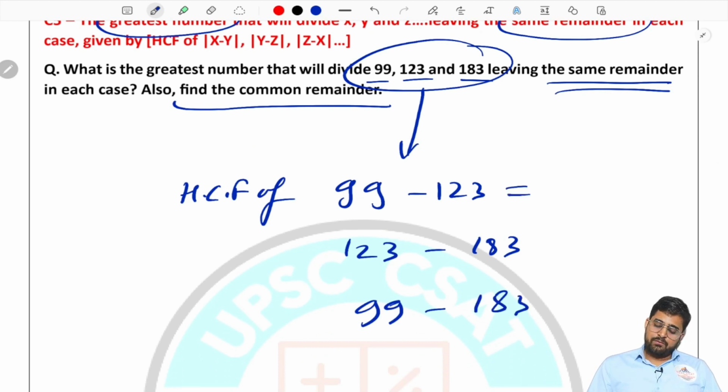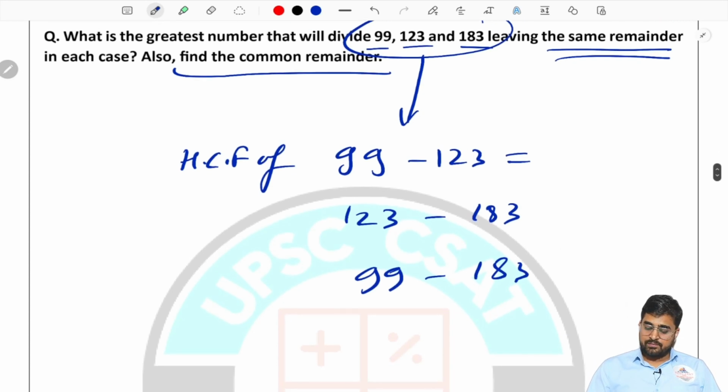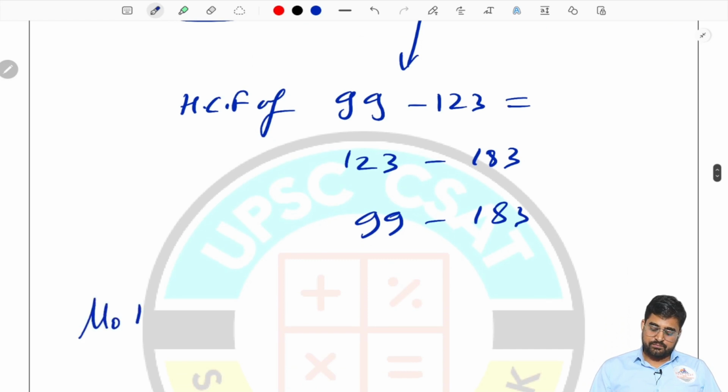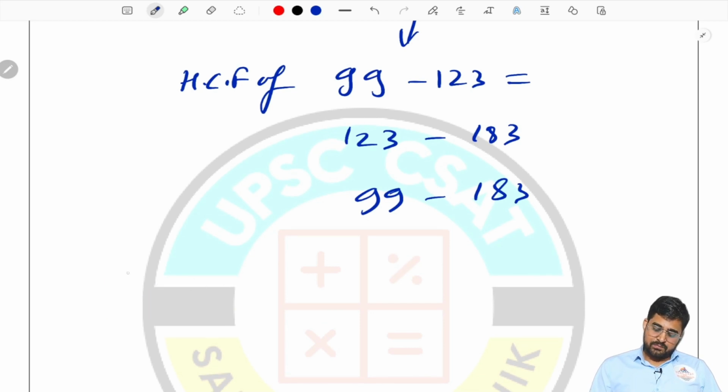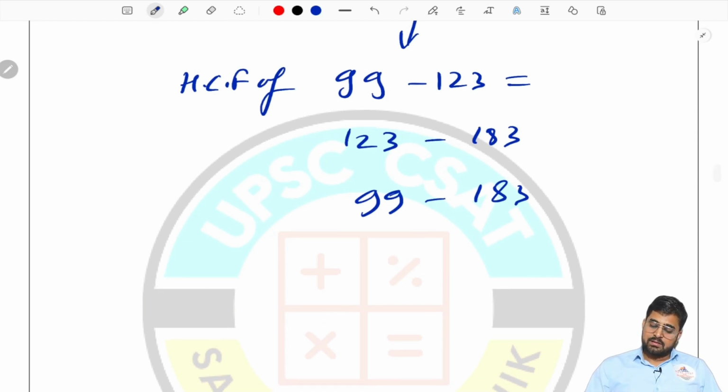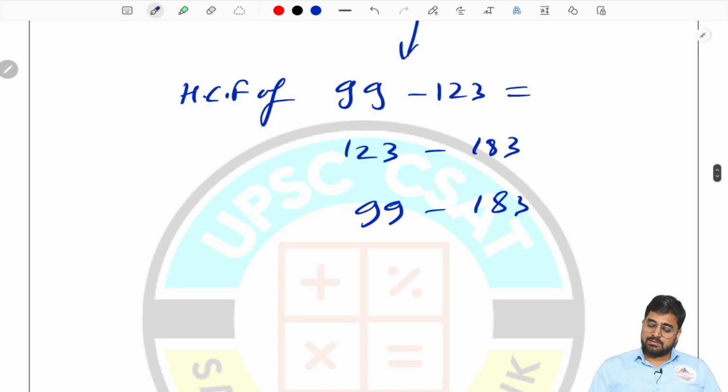Now, if you do the question without modulus, what is modulus? For example, if we do the general subtraction here, we have minus 24.